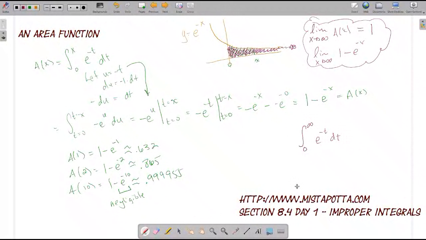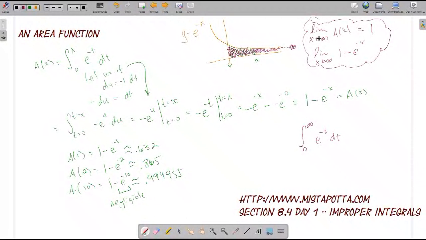Now, we've been throwing around infinities throughout chapter 8. What we really need to realize is infinity is not a number. Infinity is a concept. And when I say the limit as x approaches infinity, x is increasing without bound, or x is going to the far right of the x-axis.